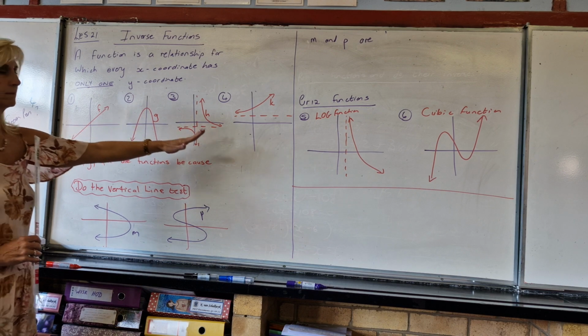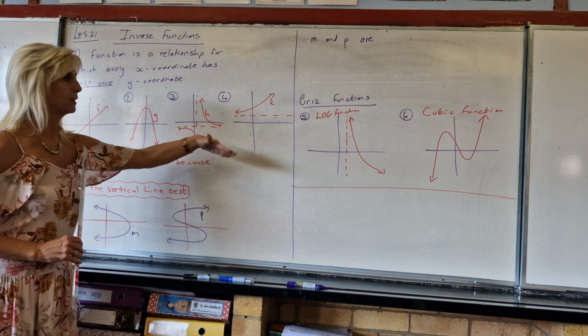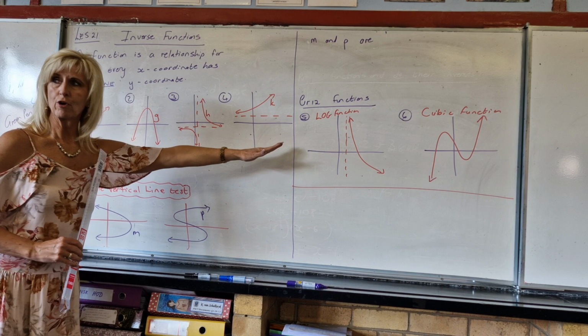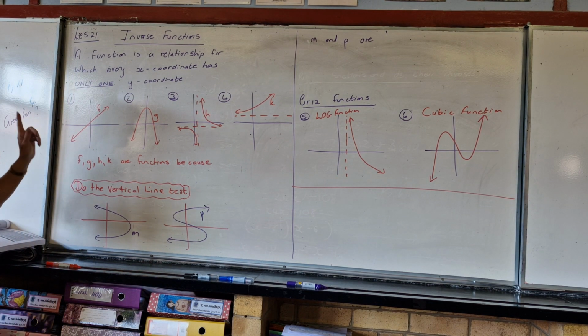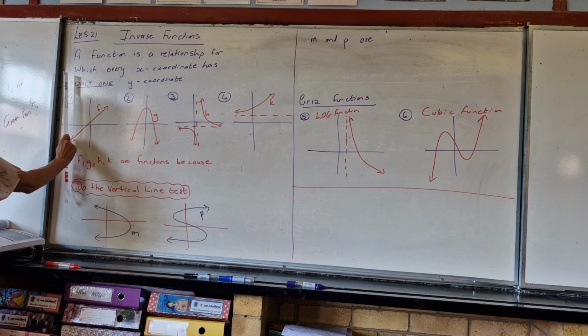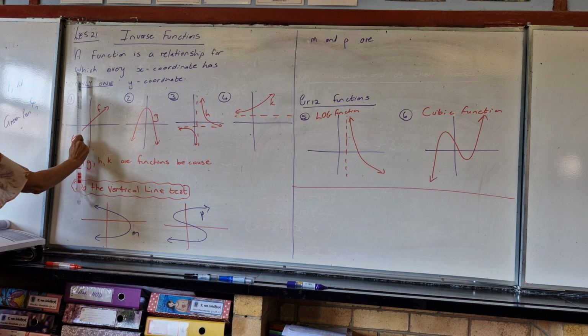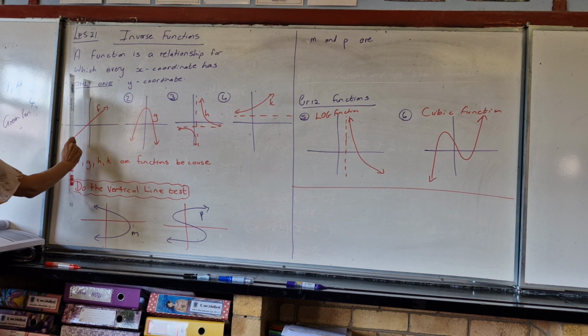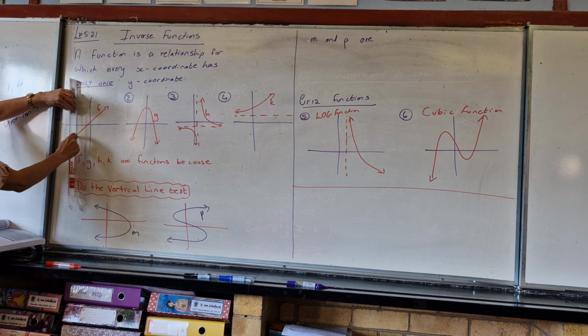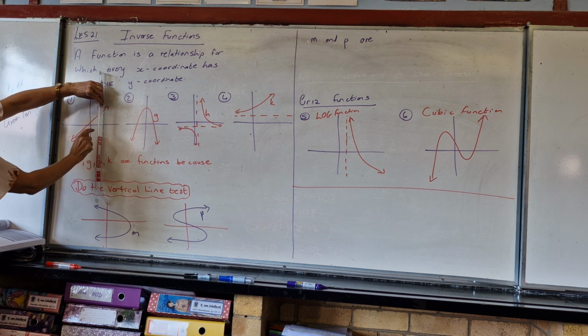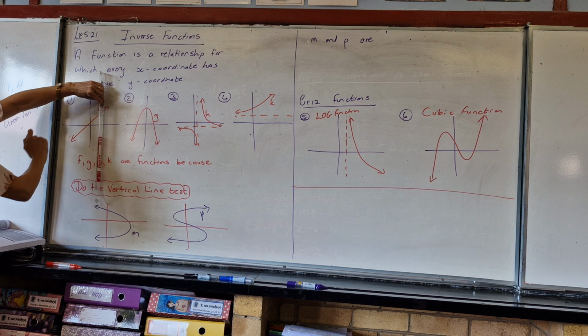Parabola, hyperbola, exponential graph, the 4 ones that you've got in your toolbag so far, are all of them functions. So when I go across them like this, does it cut through that straight line at any space 2 times? In other words, for this specific x, there's only one y. For this specific x, there's only one y.